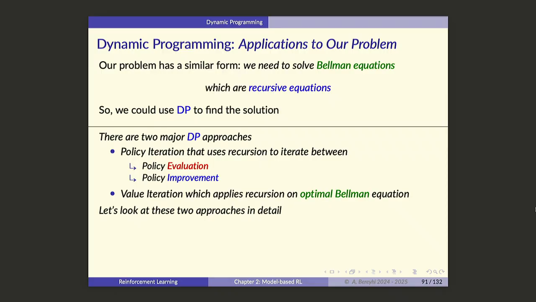So you can use dynamic programming in both cases. In one case, the variable you are trying to find is the policy, which is what we call policy iteration. In the other case, the variable you're trying to find by dynamic programming is the value function.